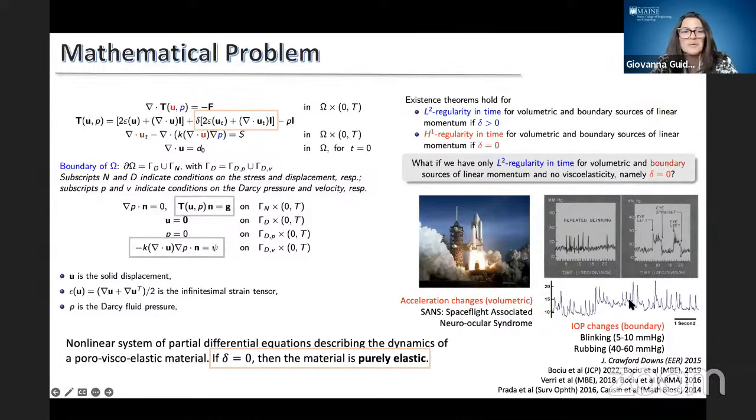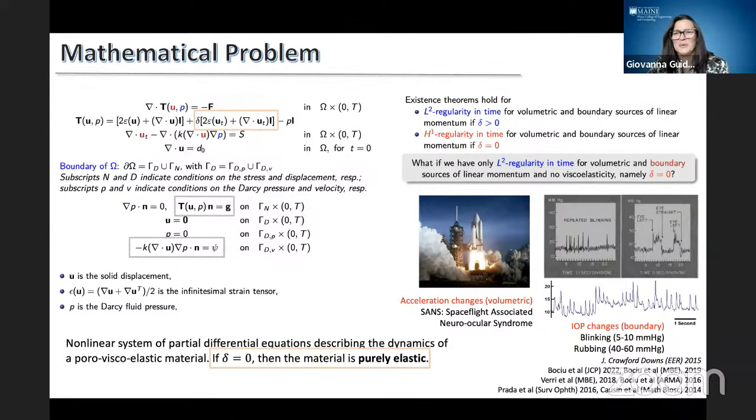When in mathematics we say that our given data are continuous, are differentiable, we need to give some regularity. Well, we need to take into consideration that in the real world, this may not be as regular. Bottom line, what we found through the analysis is that only if the system is viscoelastic can we have solutions that are regular in time. So basically, the viscoelasticity helps absorb some of these oscillations.